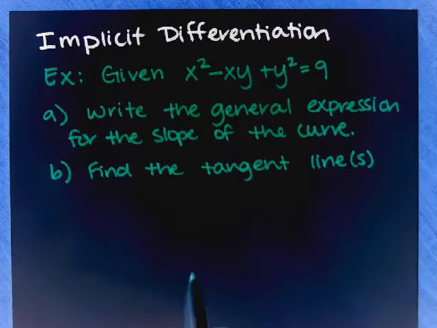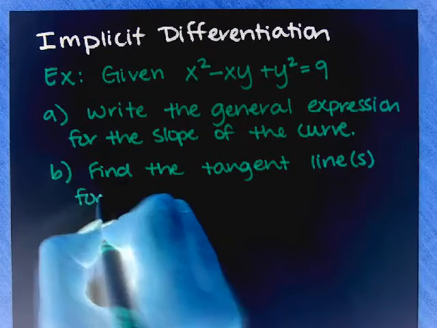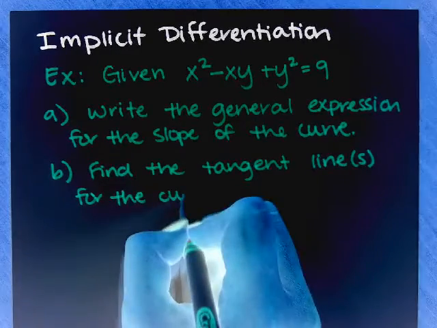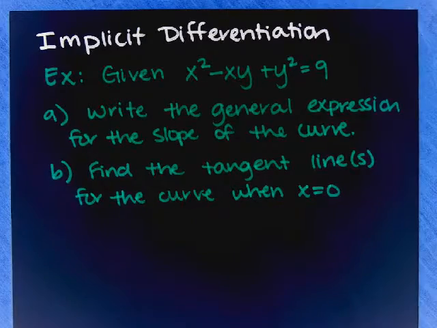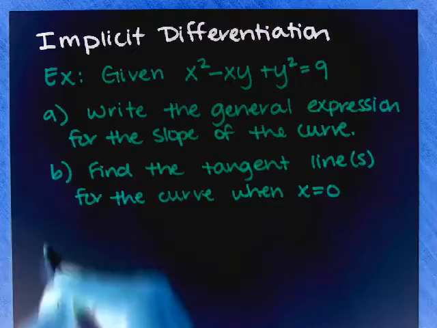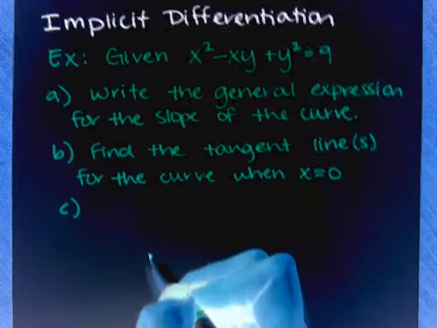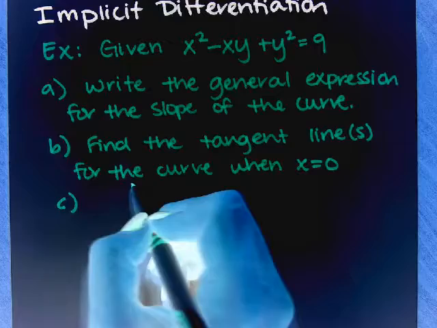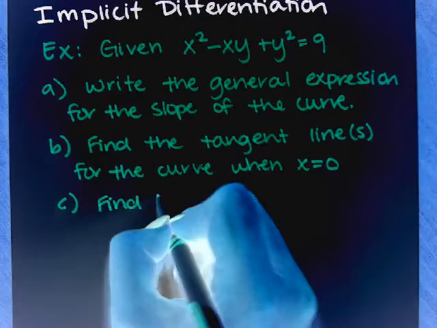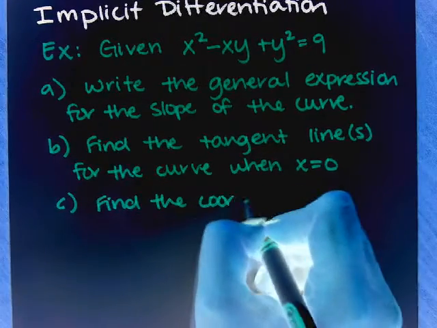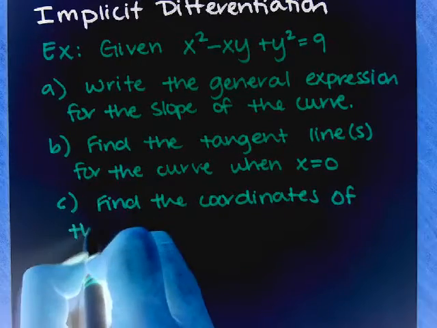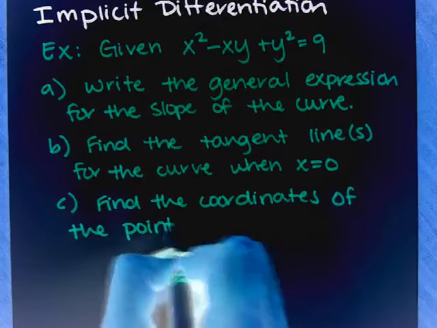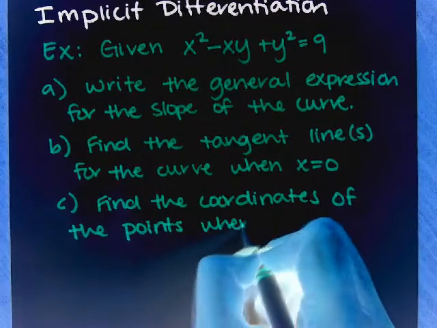All right, so find the tangent lines for the curve when x equals 0. And then last, we're going to say find the coordinates of the points where the tangents are vertical.